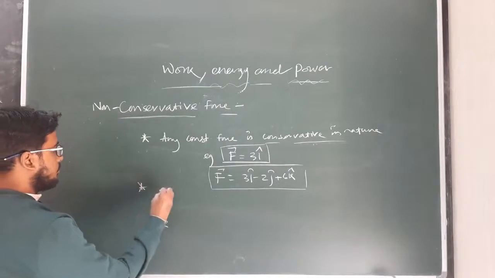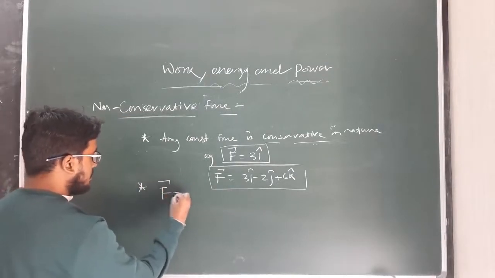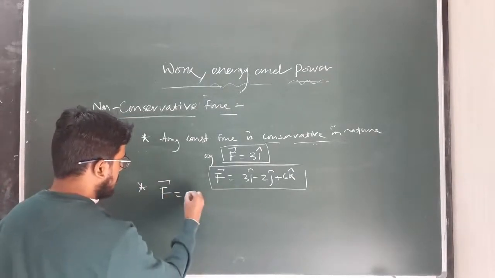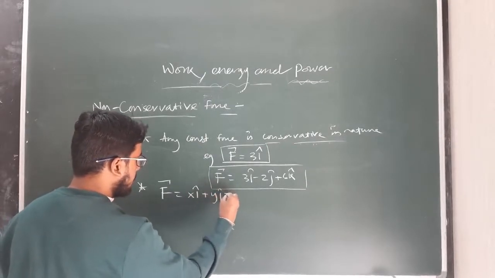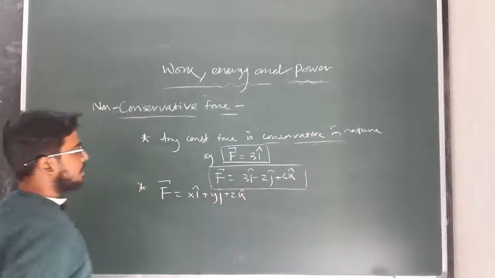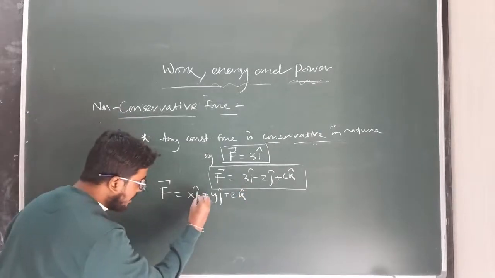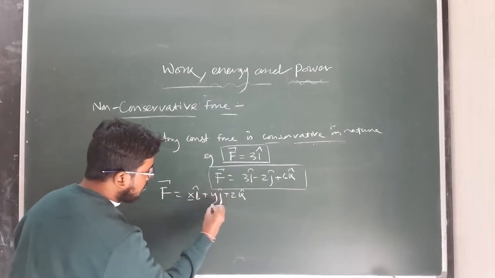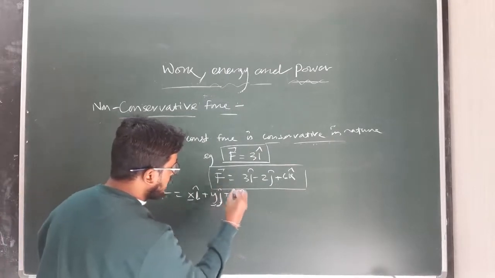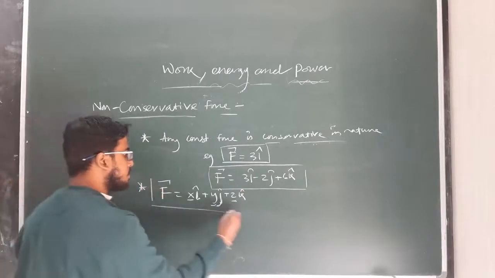Or if the force is given as x i cap plus y j cap plus z k cap, where along the i component there is only x, along the j component there is only y, and along the k component there is only z, then also the force is conservative.